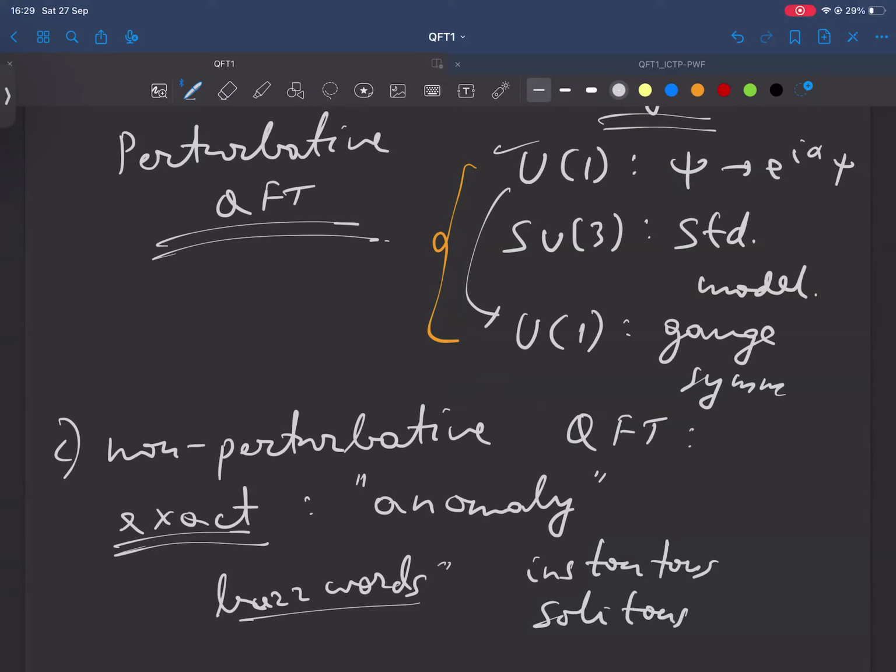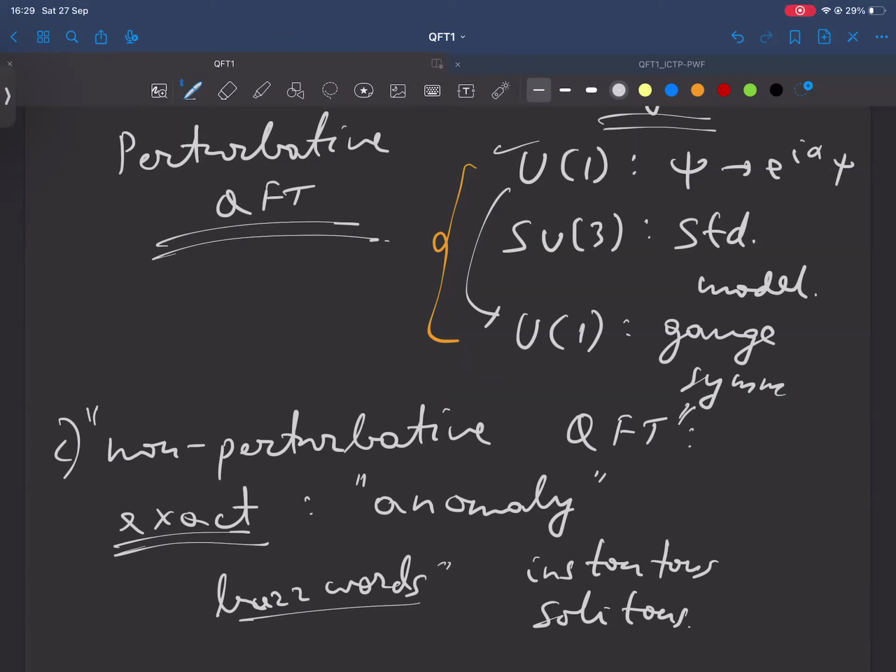These all come under the umbrella of non-perturbative QFT where things are exact. But I think this whole school will be only about perturbative QFT. That's how one learns QFT first. That's how QFT was discovered, and that will teach you many more things.